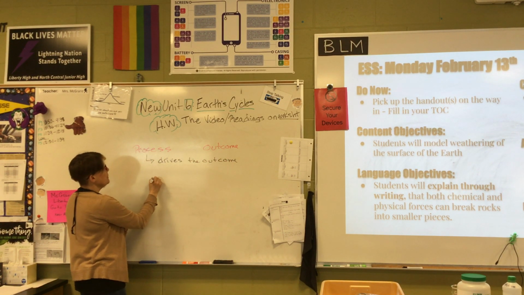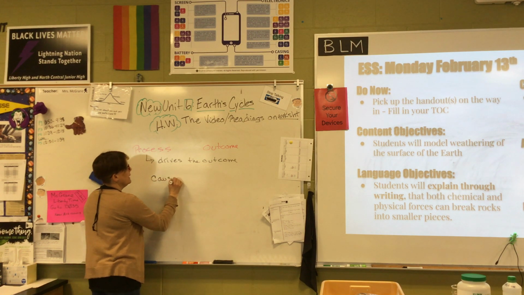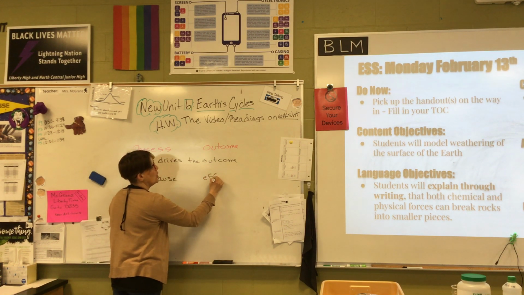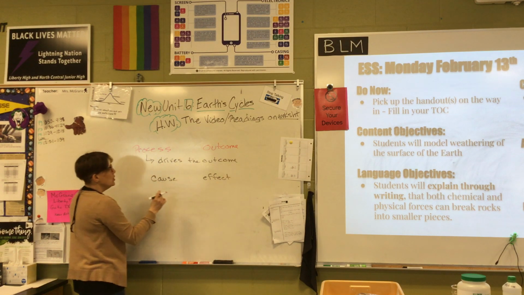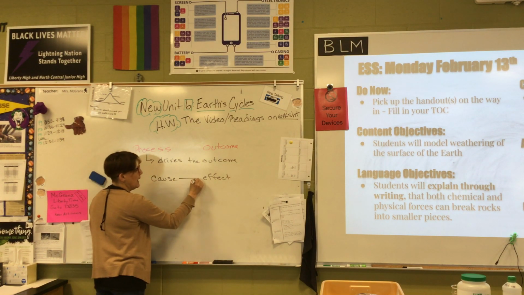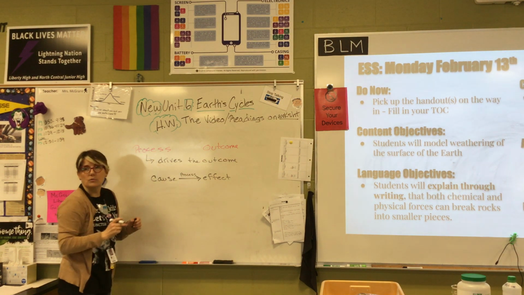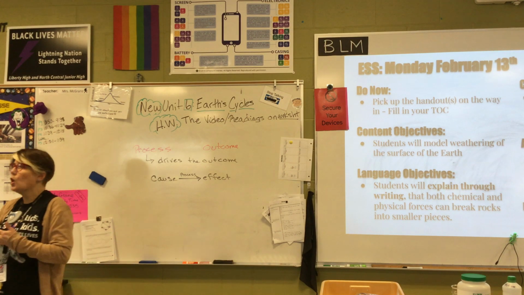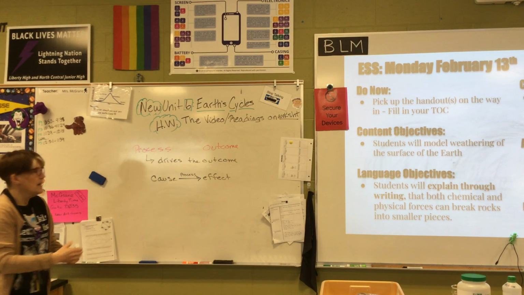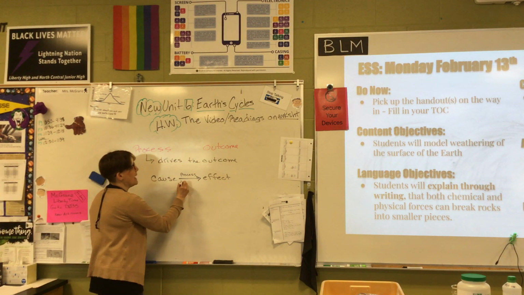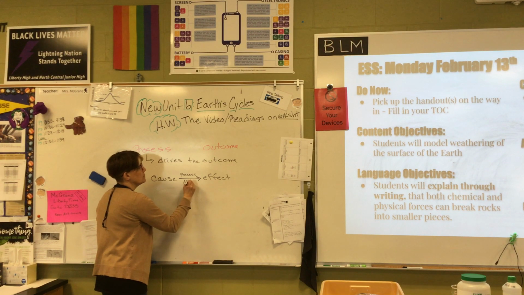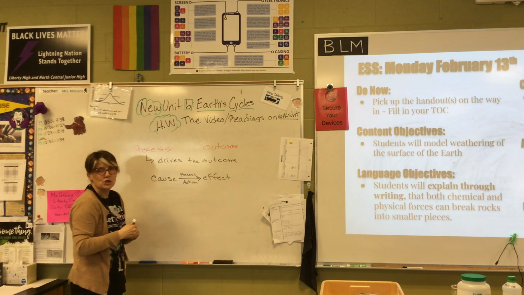So if we're talking about cause and effect, has anybody ever heard cause and effect? Yeah. Okay, so the cause, and the effect is the outcome, and the process up here is that arrow. So when you are seeing arrows, you are talking about processes. The process is like the action.